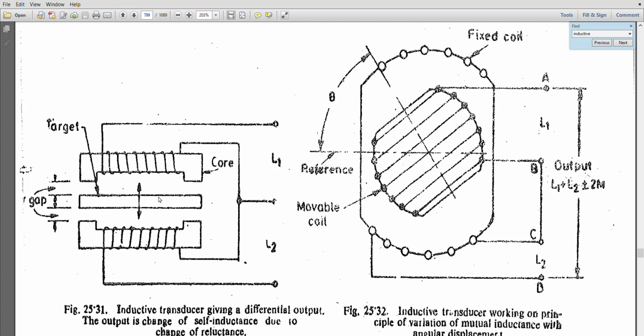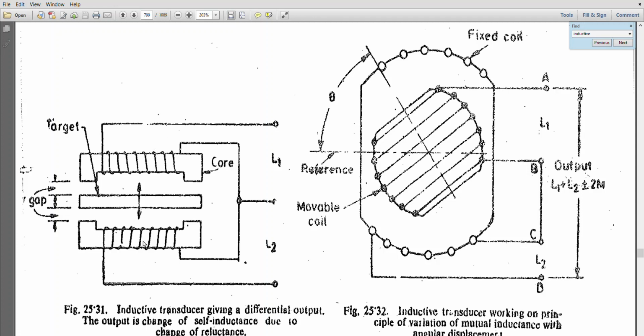You should also remember that permeability also gets affected. If this rod is closer to L2, there is a changed permeability closer to L2, but there is a reduced permeability in L1. Because of that, one will have more inductance, another will have less inductance.